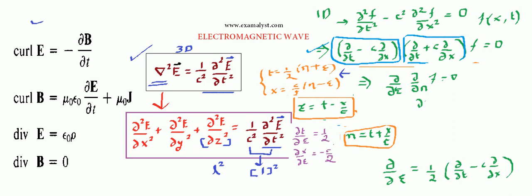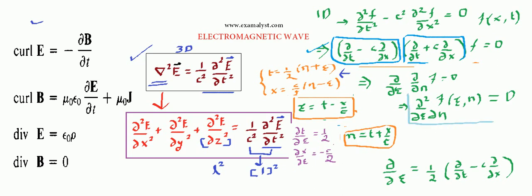This will become del square by del epsilon del eta of the function. Now this function f can be written as a function of epsilon and eta. So now the wave equation takes this form when I write in terms of variables epsilon and eta.